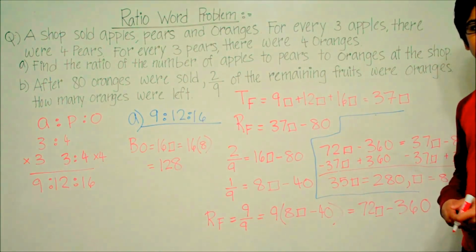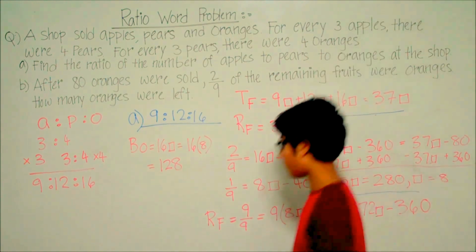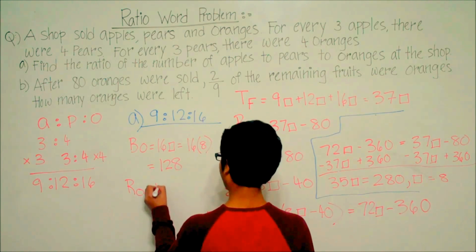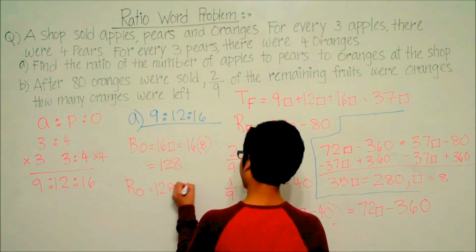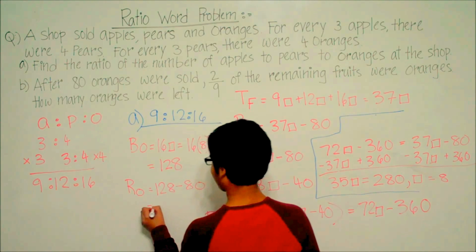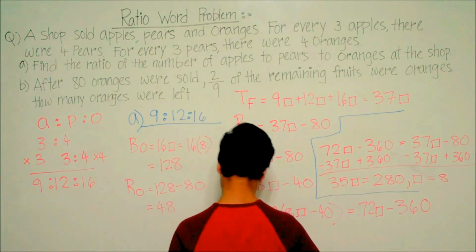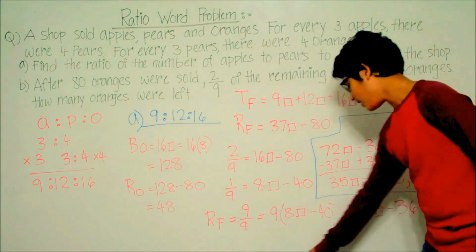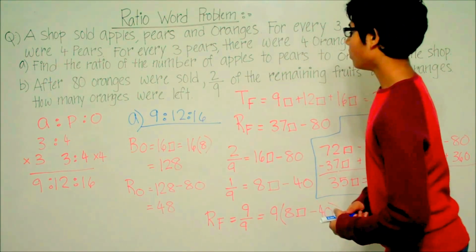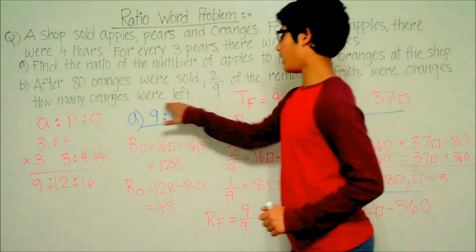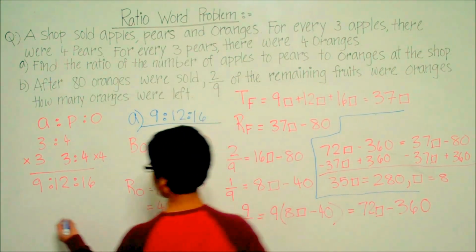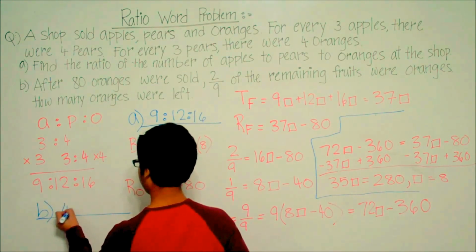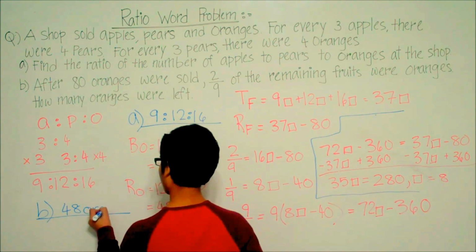So the remaining oranges, RO, are equal to 128 minus 80, which is 48 oranges. So the answer to question B, which is how many oranges were left, is 48 oranges.